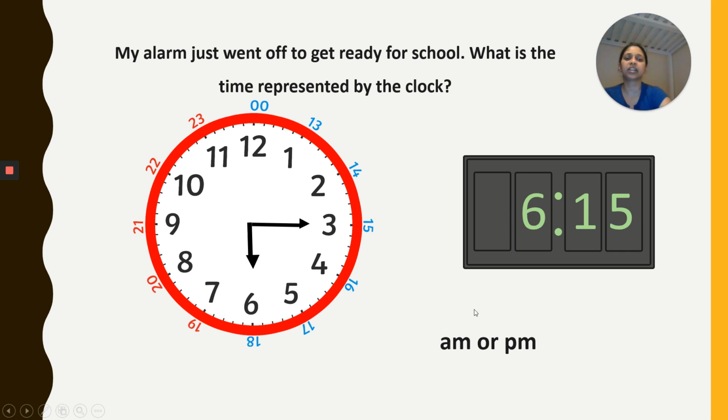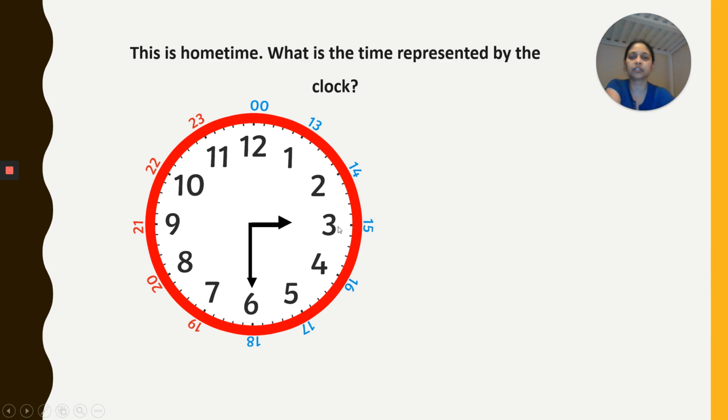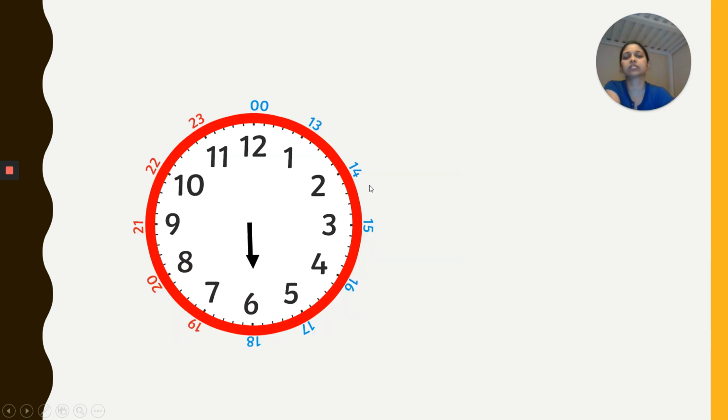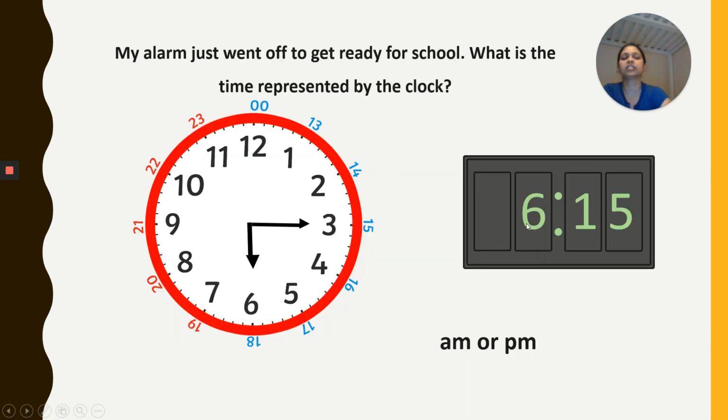So we know that it is morning, which is AM. So it is 6:15 AM. Now have a look over here. You've got your minute hand, and we know from our previous slide that 3 means 15 minutes, which is why it is 6:15.